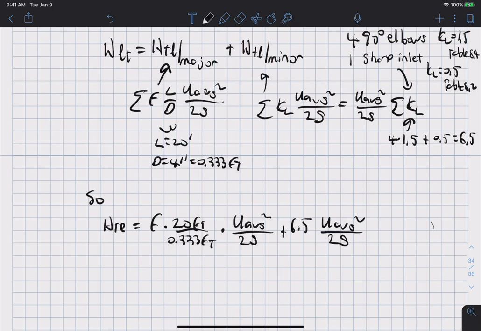For F, we're going to assume it's turbulent and check after the fact.